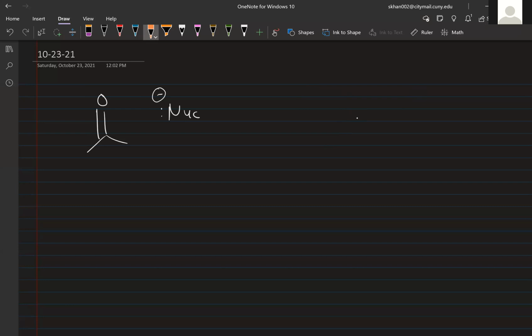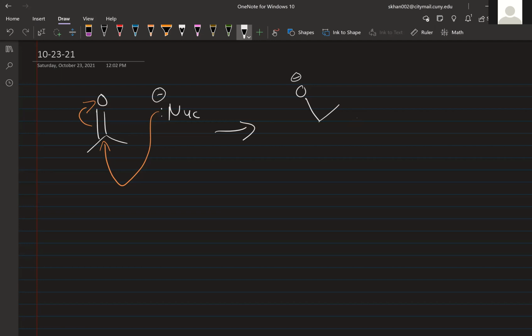So simple enough. Basically, all these reactions are literally just nucleophile attacks at your carbonyl, right? That pushes up, and you get your O minus. It depends on what conditions you're under whether you're going to get O minus or if it's already going to be protonated.